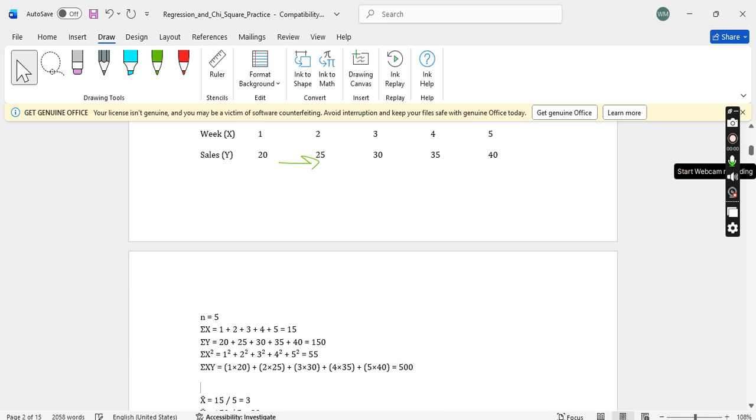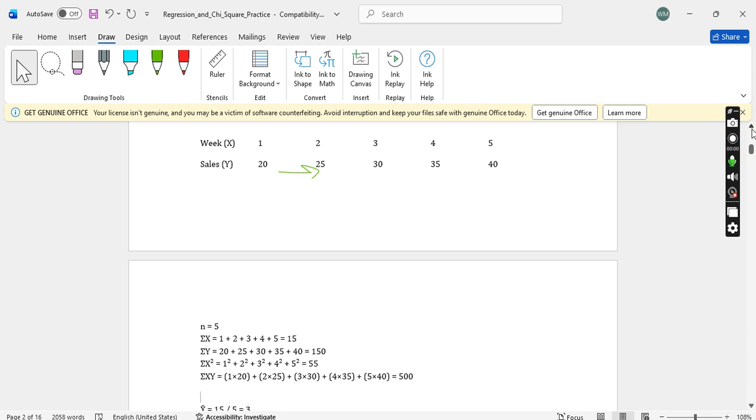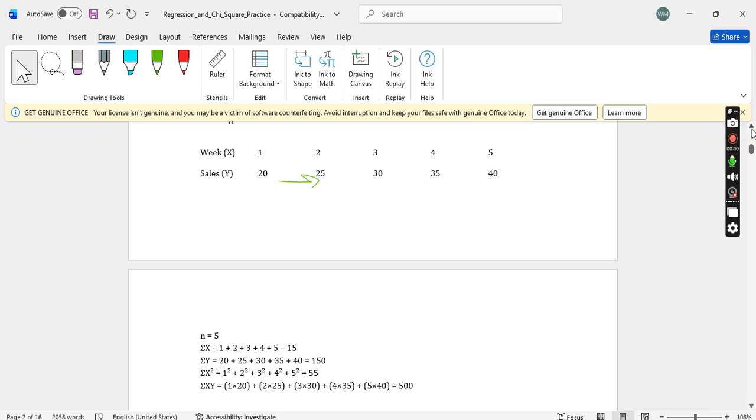Any questions, colleagues? The process, you just need to remember it. You add up all the x values, you add up all the y values, multiply x times y and add all of that, then square each of the x values and add them up. Any questions? Oh, and n, the number of data values, is 5, as you can see: 1, 2, 3, 4, 5.